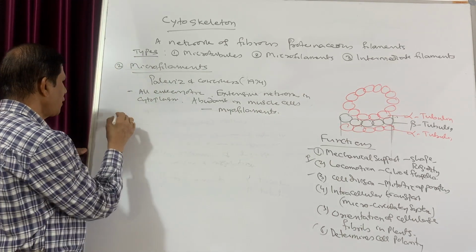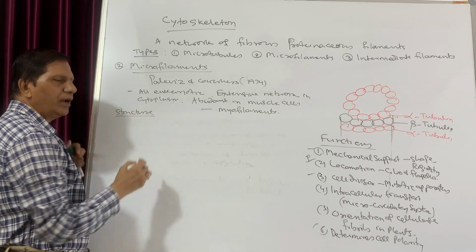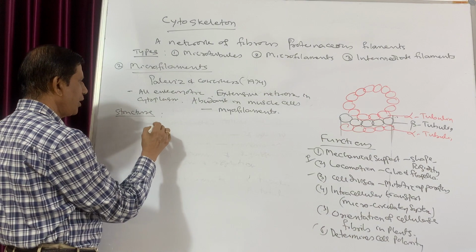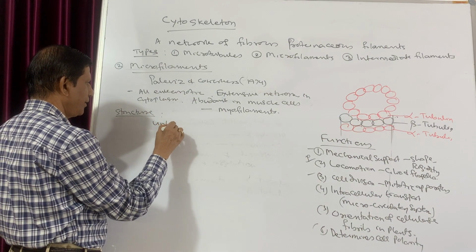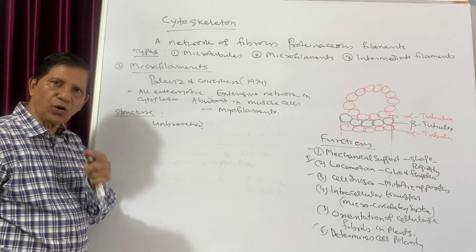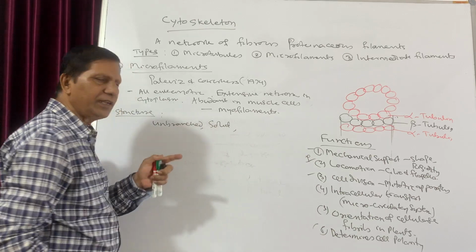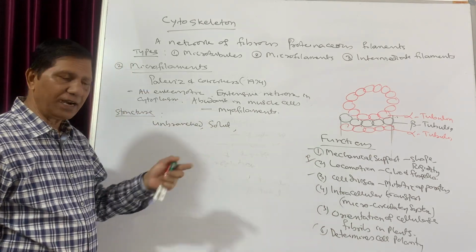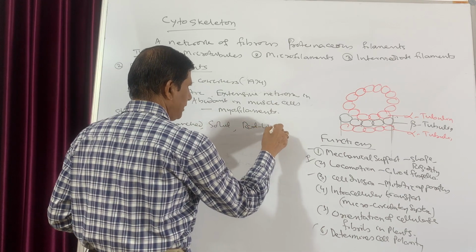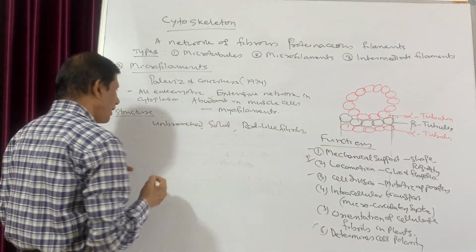Now, what is the structure? Like the microtubules, these are also unbranched. But microtubules are hollow, while these are solid. And microtubules are cylindrical, but these are rod-like fibrils.